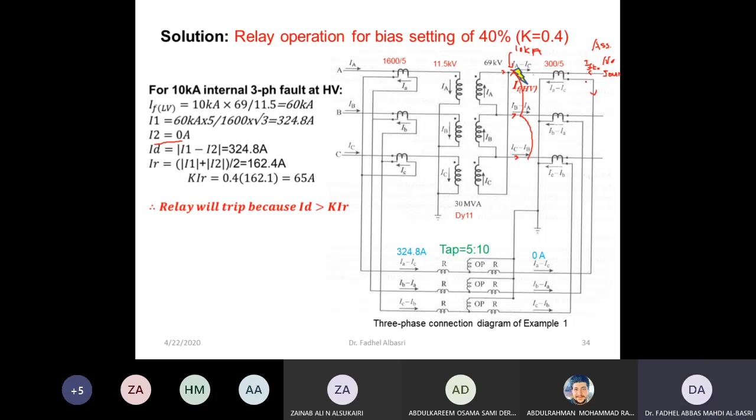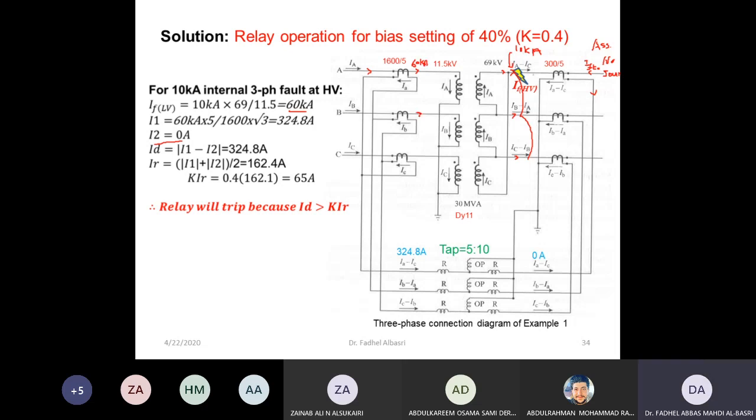But this current will not reach the other CT because I have a load side. I have no source at this side. This is my assumption. So this current will be the same, 10K over the CT ratio. You transfer this to that side, I'll get 60K ampere.